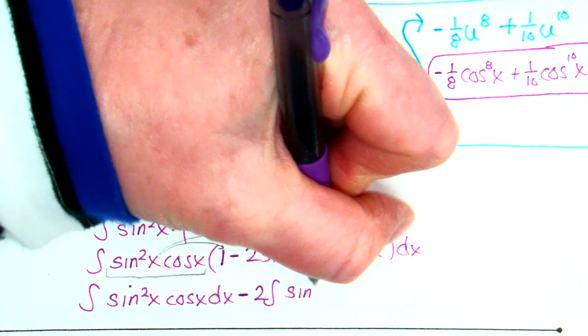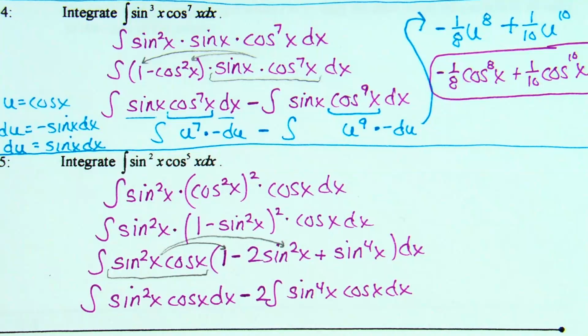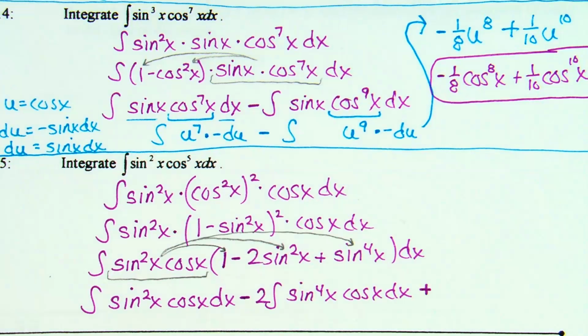My sign in between my next integrals is a plus. And this time we're multiplying sine squared x cosine x into sine to the 4th x. So sine squared times sine to the 4th is sine to the 6th x cosine x dx.